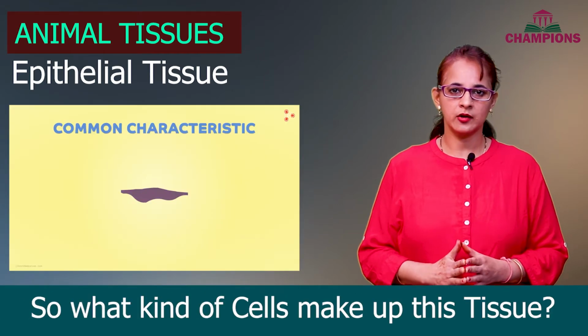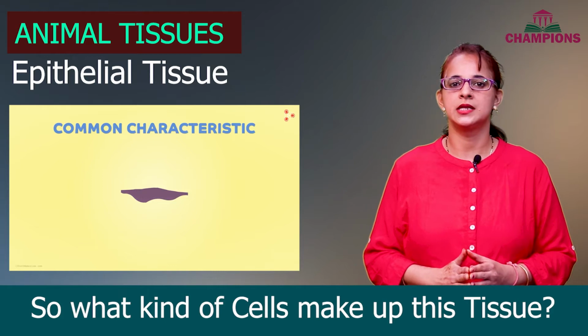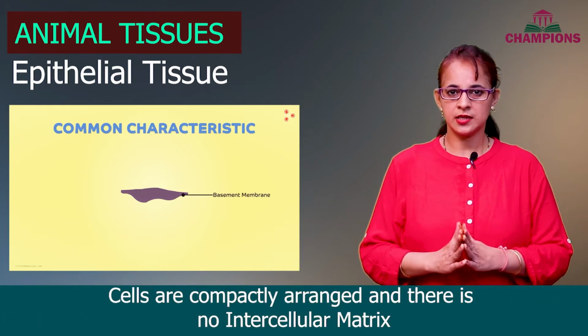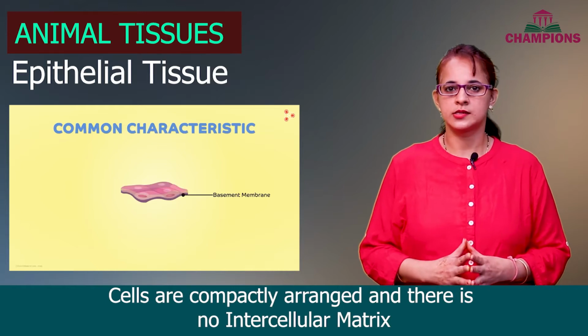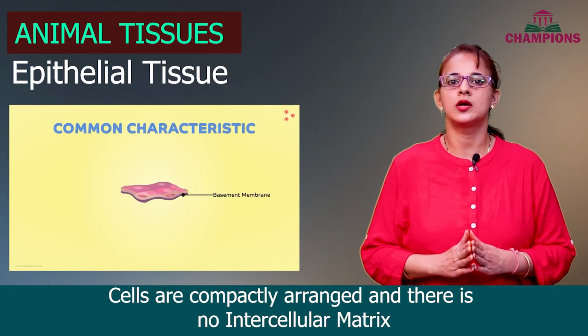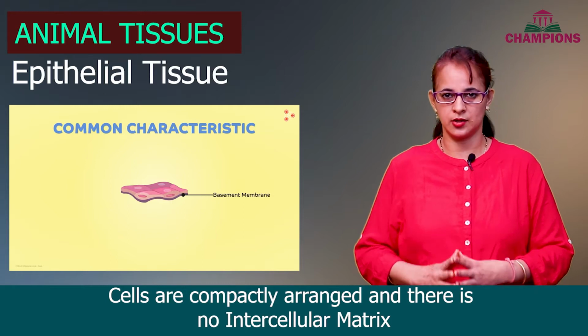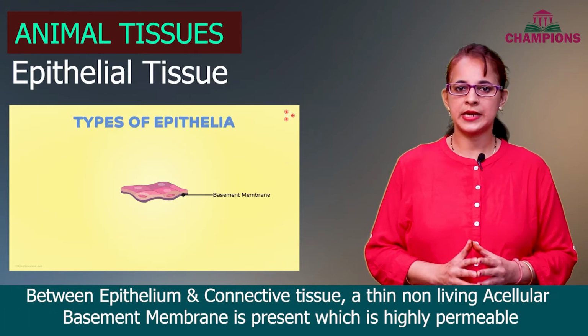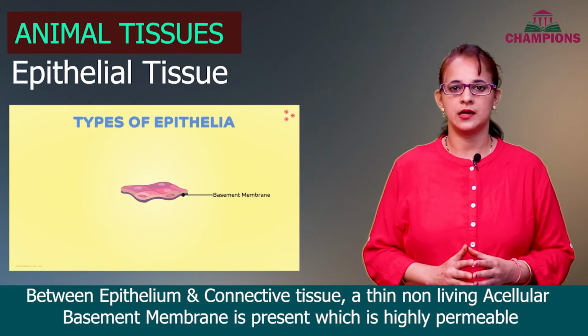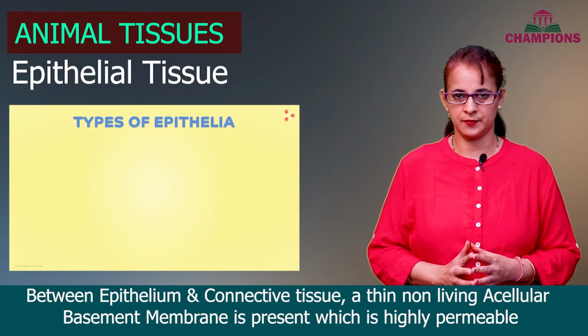Now what kind of cells make up the epithelial tissue? The epithelial cells should be closely spaced cells, because it is the skin which does not allow anything to enter into the body. So the epithelial cells are closely spaced cells without any intercellular spaces between them.